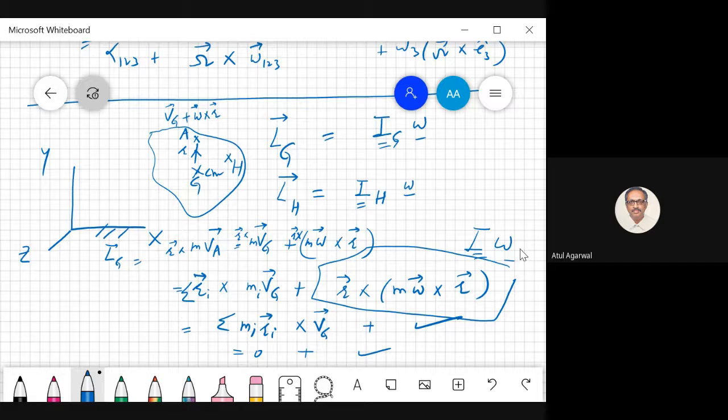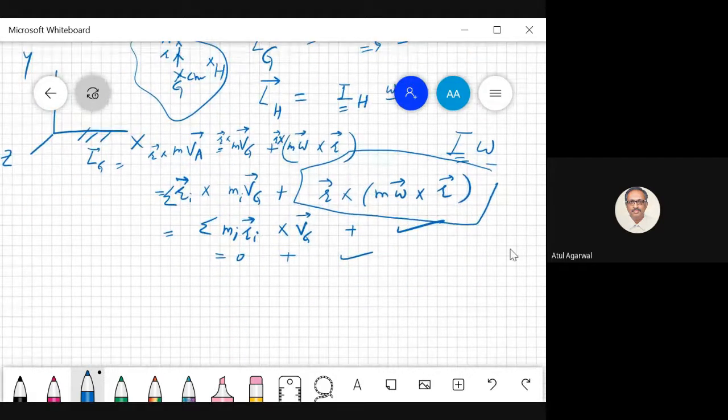Now when you take the angular momentum about point H, what will happen? Let's take a very simple case. You take a spinning bar.